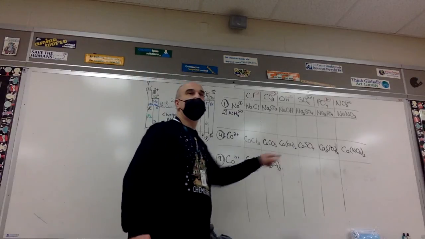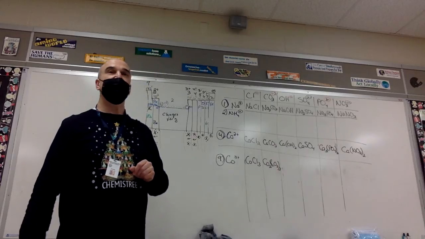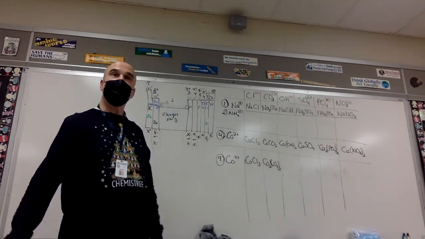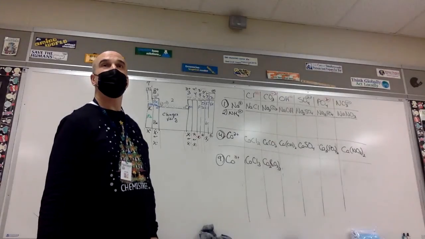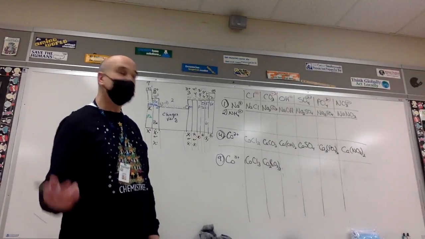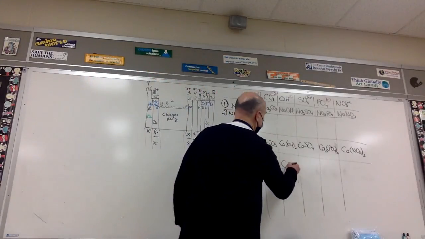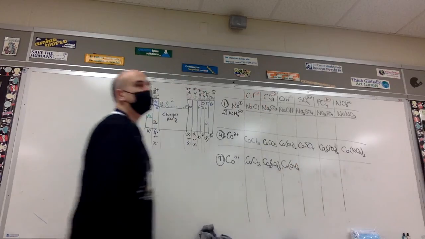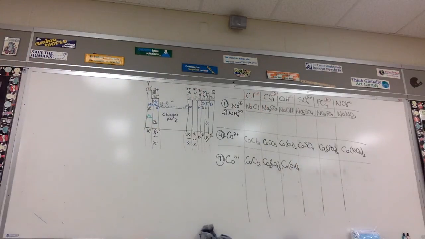This one, the OH. How many OHs will we need? So, 3. And you want to put in parentheses because otherwise it looks like it's just 3 hydrogens and not 3 hydroxides.